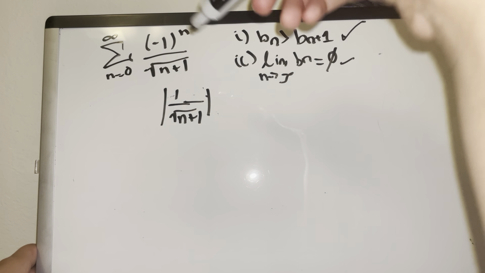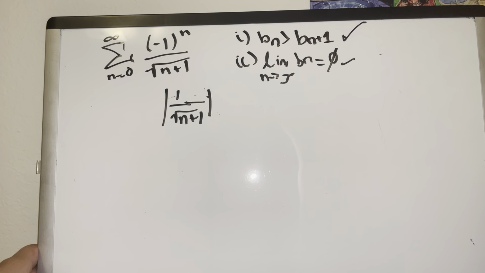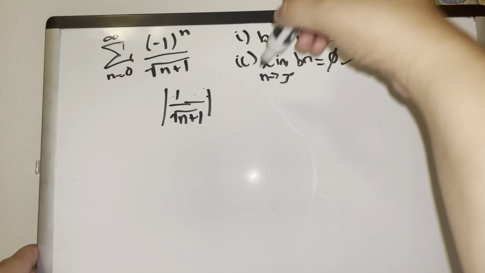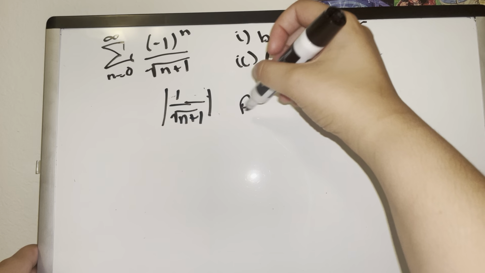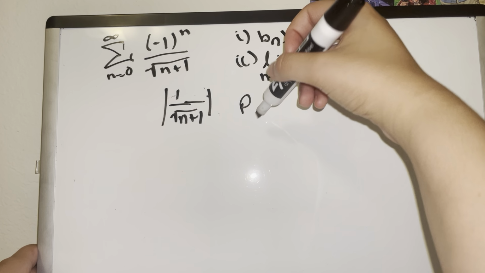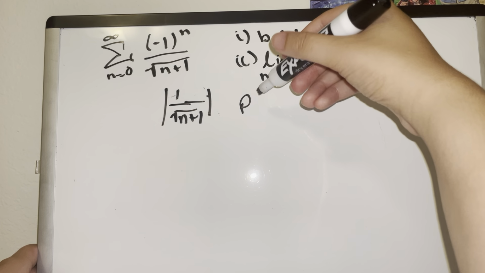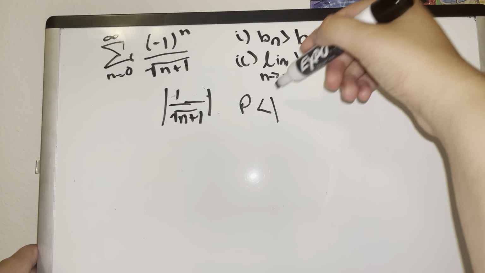And this, based off the p-series, our p here is 1/2, and that is less than 1.